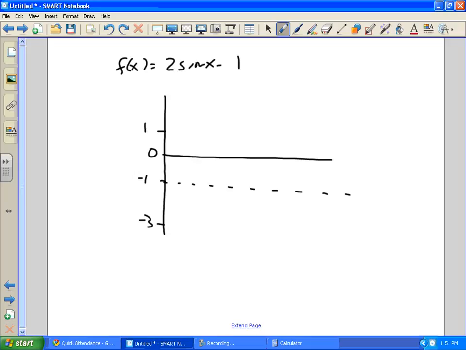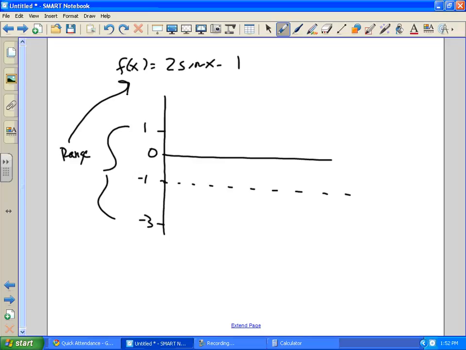The amplitude, what does that tell me? Well, the amplitude is the distance from your horizontal axis to the max and from your horizontal axis to the min. So I will find my maximum values 2 units above -1, which is at 1, and I will find my minimum values 2 units below -1, which is -3, and these y values are the range values of f of x.